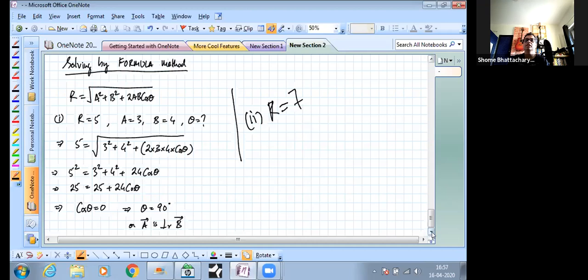You will get an interesting solution, which will give you the same result that we had got earlier, that they should be parallel vectors. That means theta should be 0.